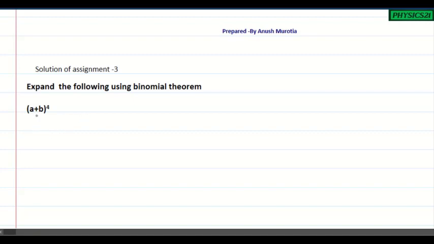As we know, for the binomial theorem, (a + b)^n is written as nC0 a^n b^0 plus nC1 a^(n-1) b^1 plus nC2 a^(n-2) b^2.